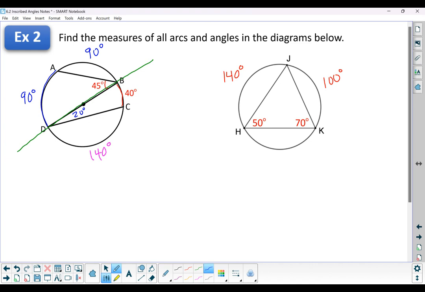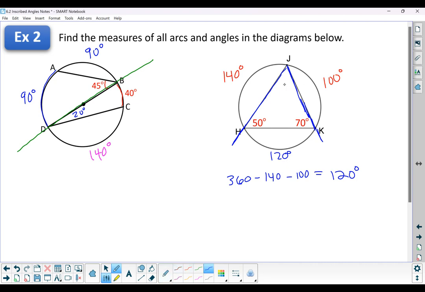If we subtract 360 minus 140 minus 100, we get 120 degrees. So that's this arc down at the bottom. And that means that the angle J, the inscribed angle with the vertex at J, intercepts a 120 degree arc.